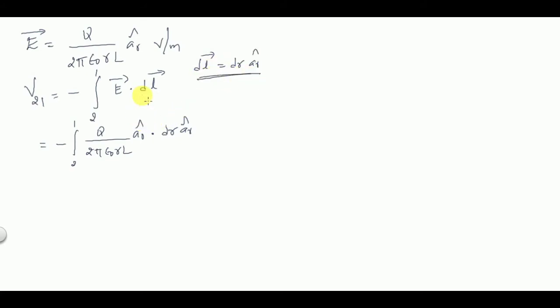The height of the cylinder is constant, so dz is equal to 0. The angle also is constant, so d phi is also 0. So change is only with respect to radius, and we have dl equal to dr a_r cap.